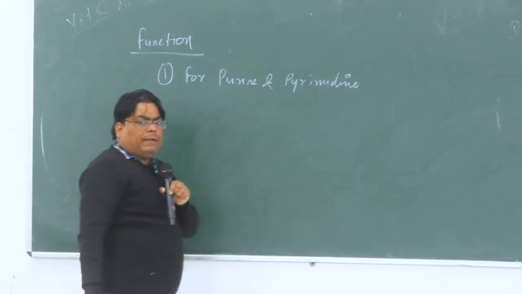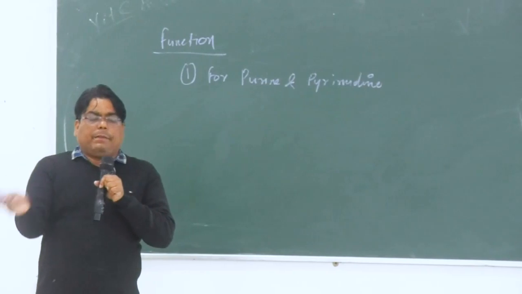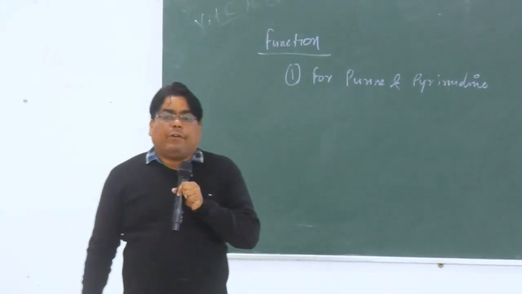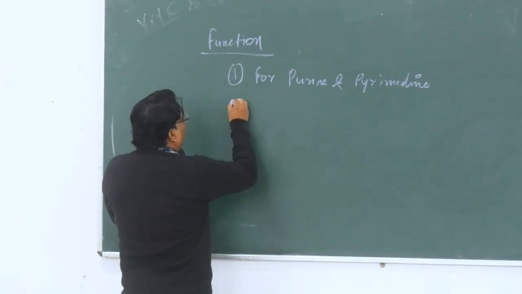Because in purine and pyrimidine there is a requirement of nitrogen base, and this nitrogen base is basically provided by ammonia. Understand? So it is important for purine and pyrimidine.